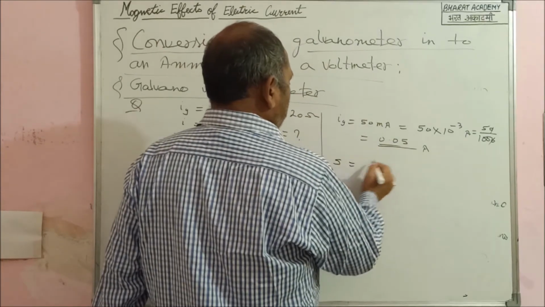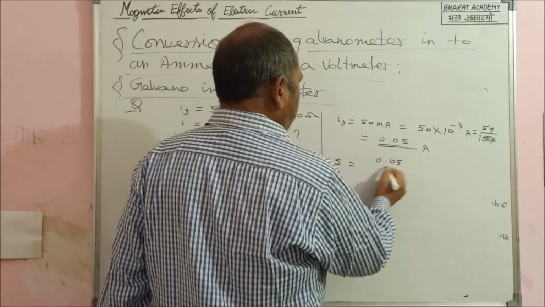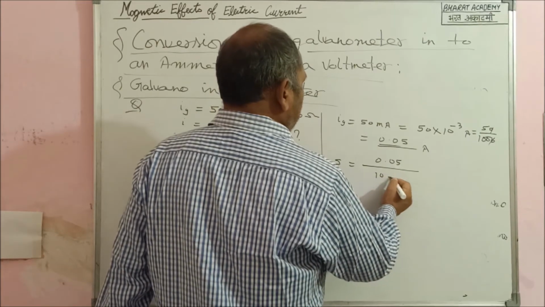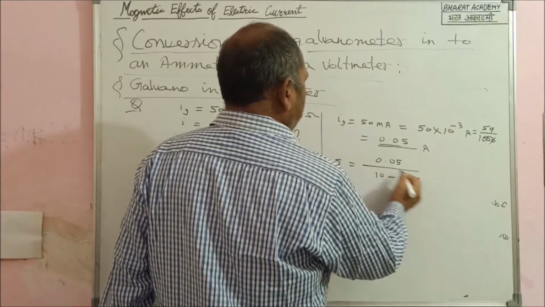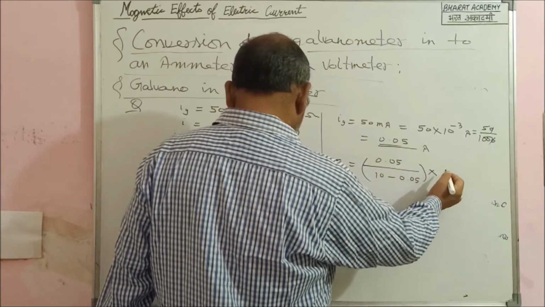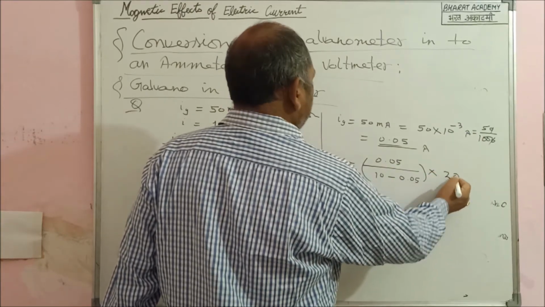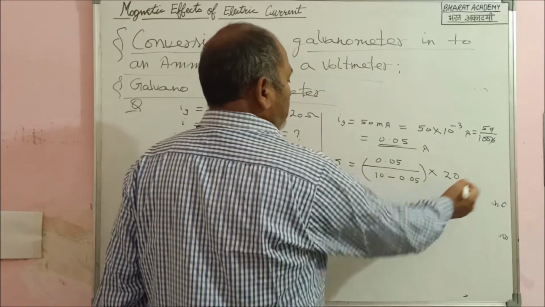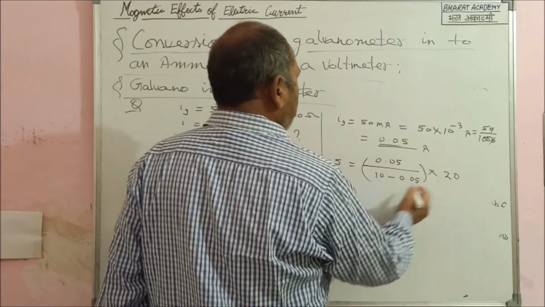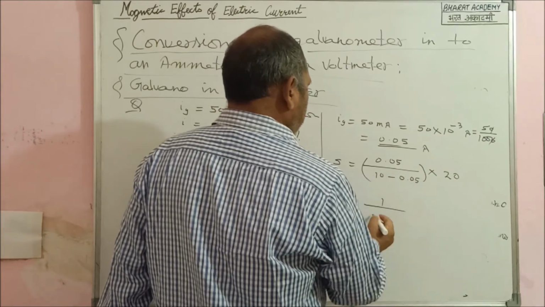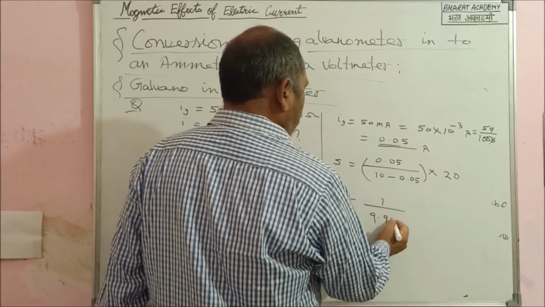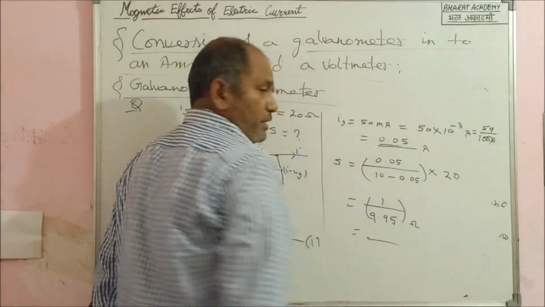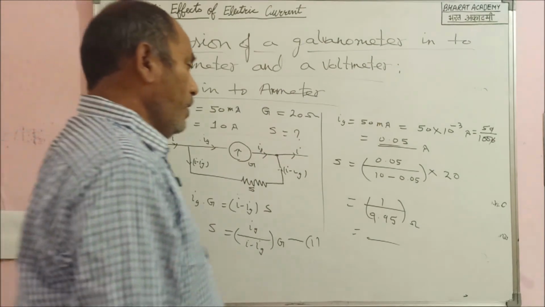Then S comes out to be 0.05 by (10 minus 0.05) into G, which is 20. If you multiply it, 0.05 into 20 is 1, so it comes out to be 1 divided by 9.95 ohm. Try to divide it, whatever you get, that will be the shunt value.